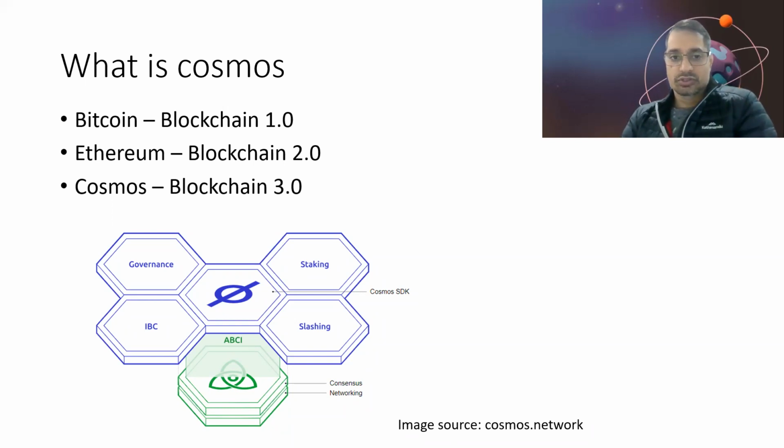It could host other tokens, and a lot of tokens and decentralized applications are built on Ethereum. But then we have Cosmos, which is kind of blockchain 3.0. It provides a lot more functionality as compared to Ethereum. It's another ecosystem where other applications are built. So we'll see how it is different and how it solves some of the problems of Ethereum.